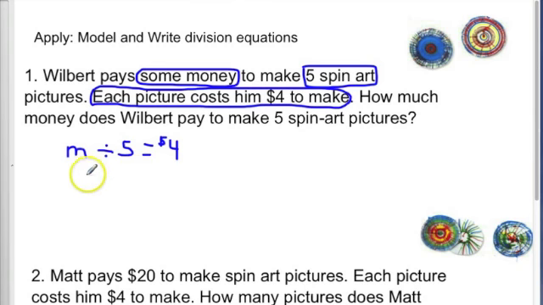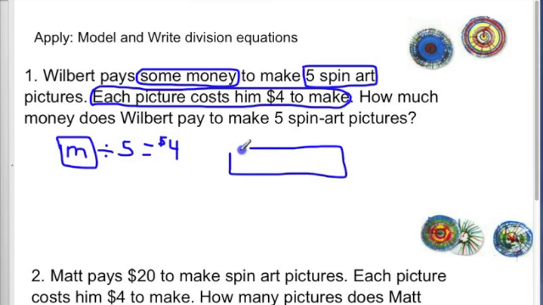I am going to model this. My unknown, right here is the unknown, and that is my dividend, which also represents the total or the number in all. So I don't know the amount of money in all. And the way that I model that is that I'm going to show that M, my unknown, is divided into 5 parts.